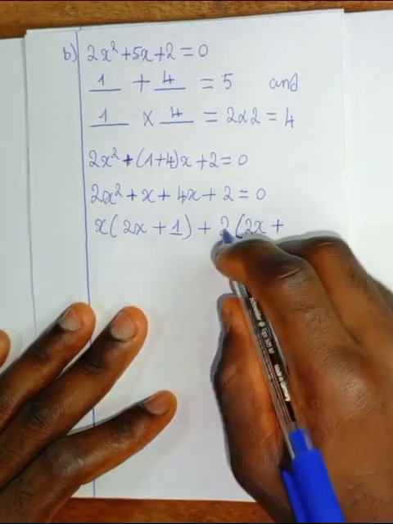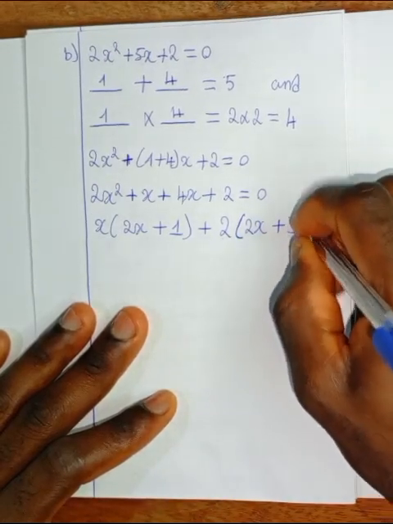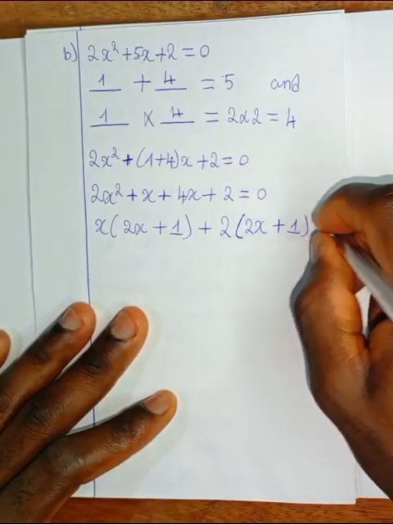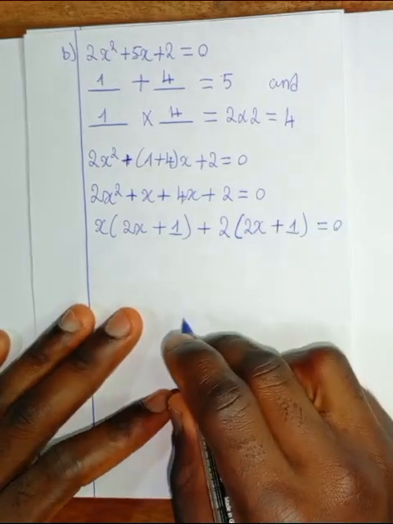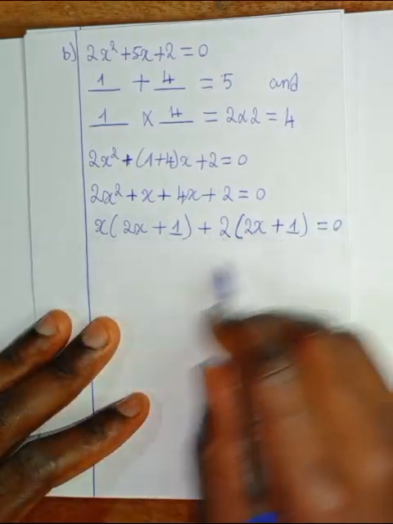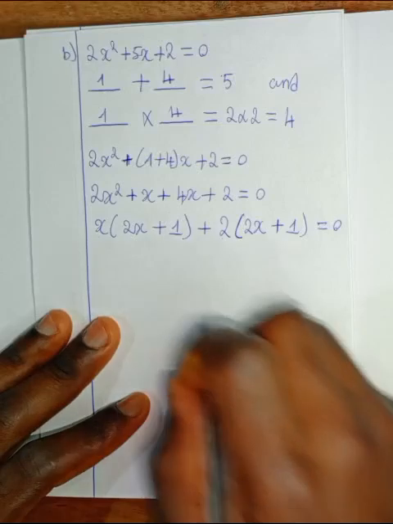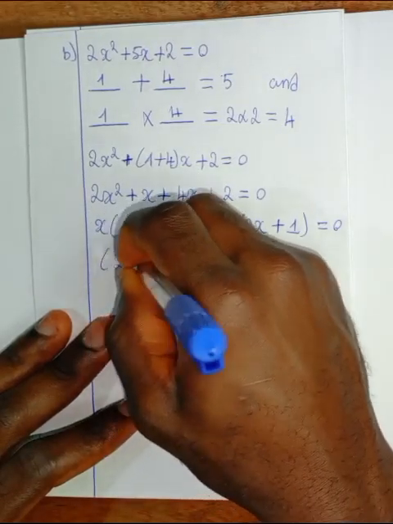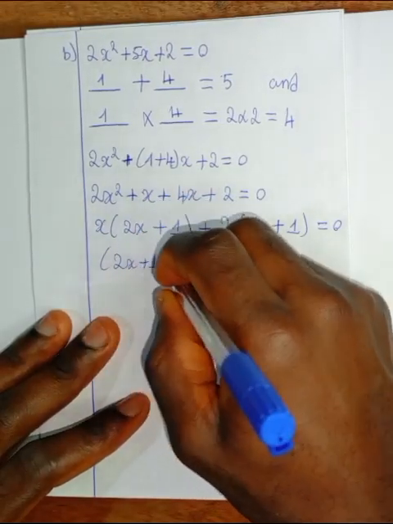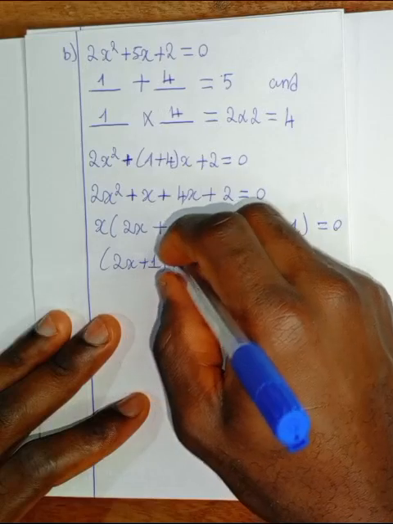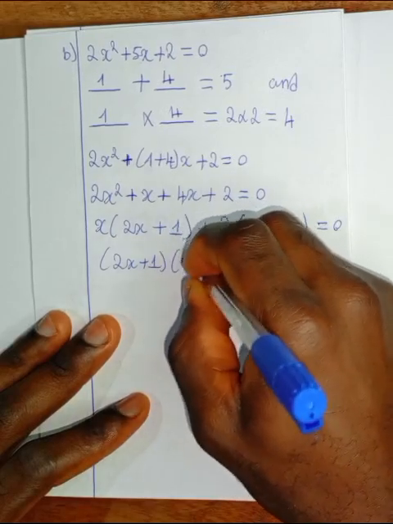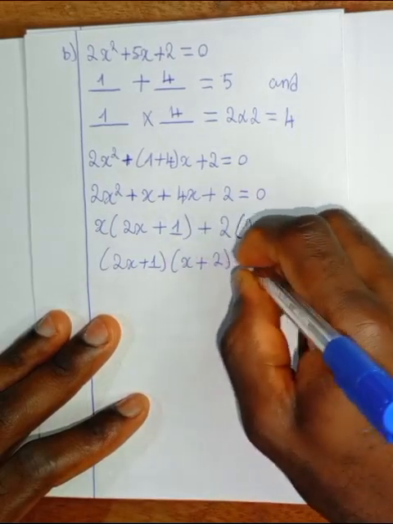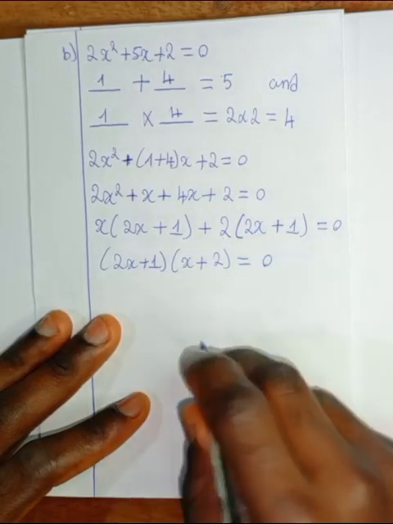Plus, we know 2 times 1 remains 2 is equal to 0. Now we have two terms. And looking at the two terms, you'll see that 2x plus 1 is common. We are going to take 2x plus 1 times x plus 2 is equal to 0.